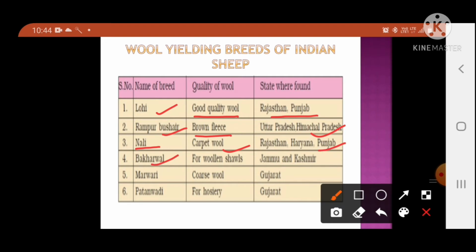Bhakarwal wool is used to make shawls and is reared in Jammu and Kashmir. Another breed is Marwari, which gives coarse wool and is reared in Gujarat. While Patanwadi wool is used to make hosiery clothes and is reared in Gujarat.